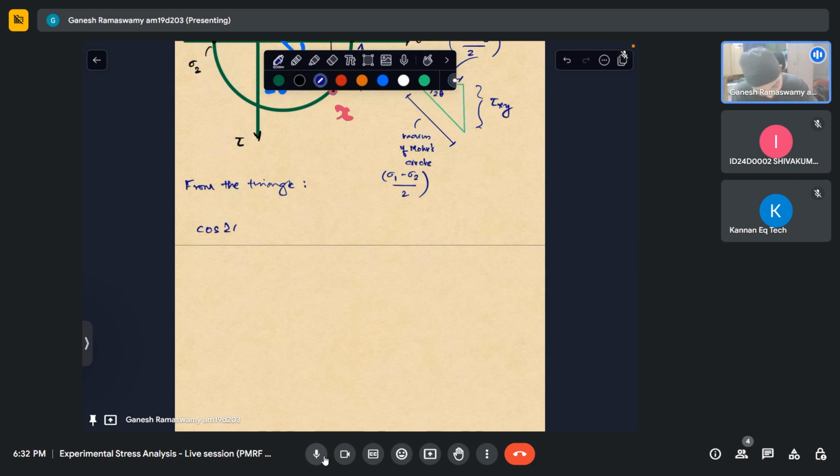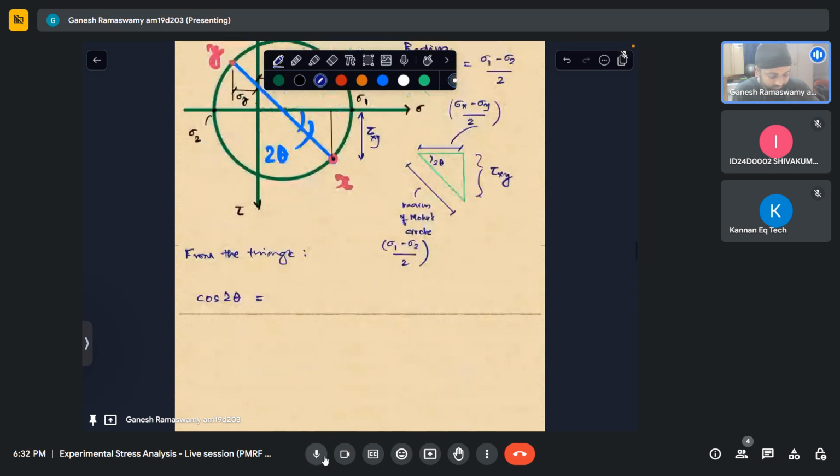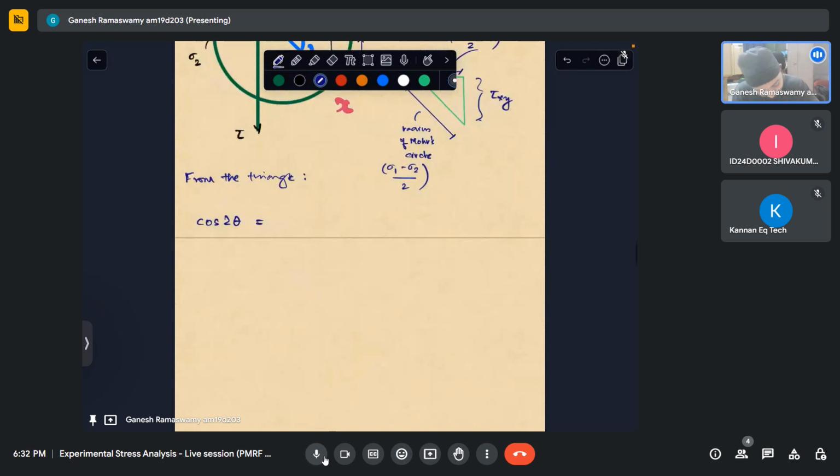Cos is adjacent by hypotenuse, which is sigma x minus sigma y by 2 whole divided by sigma 1 minus sigma 2 by 2.